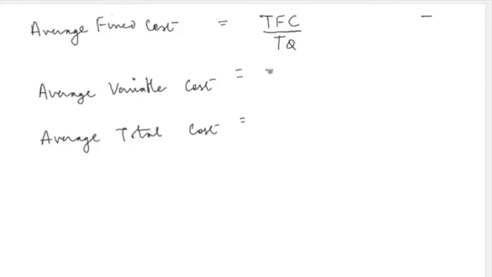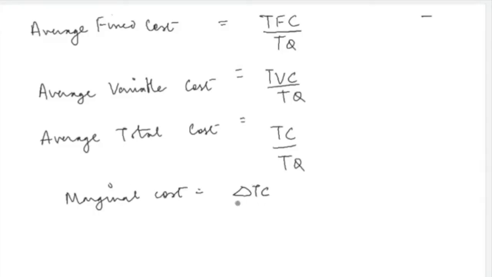Similarly, average variable cost will be total variable cost divided by total quantity, and average total cost will be total cost divided by total quantity. So now you can calculate average fixed cost, average variable cost, and average total cost. Marginal cost, on the other hand, will be the change in the cost for the change in the quantity. The change in the total cost for change in the quantity will be given by marginal cost.